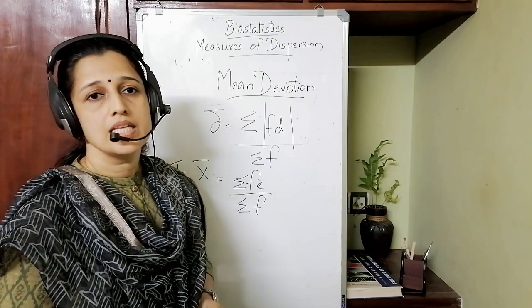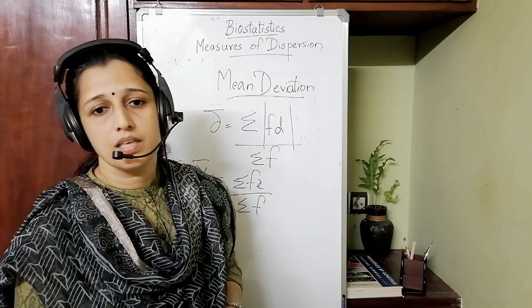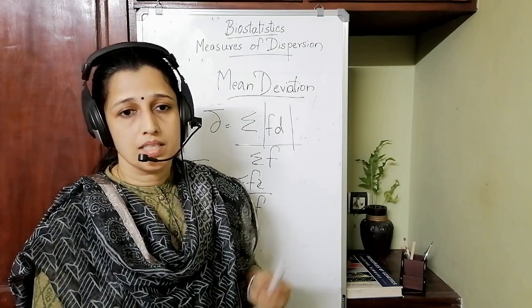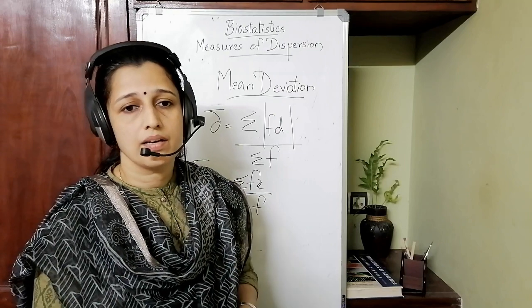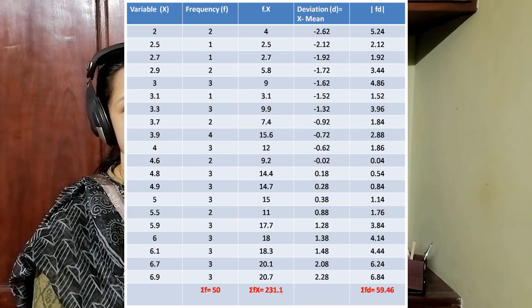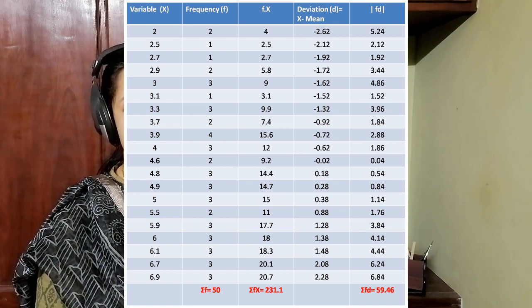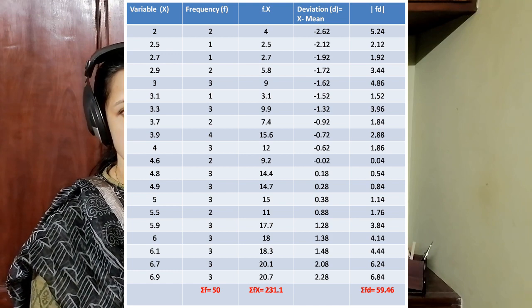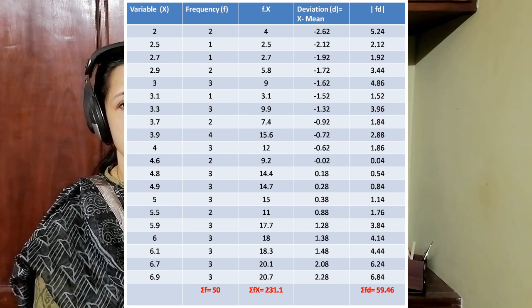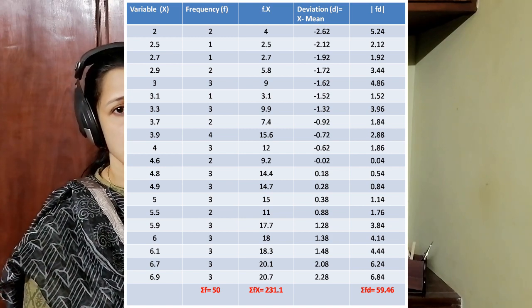From this table, you can find the value of sigma fx as 231.1. Then sigma f is 50 beetles. So x bar, or the arithmetic mean, is equal to 4.62.